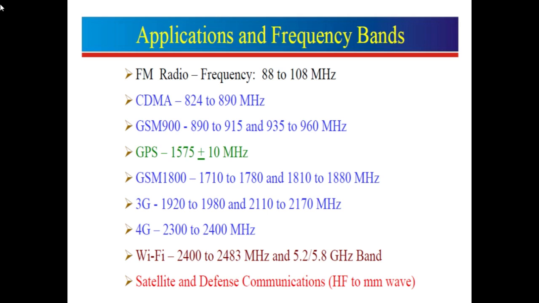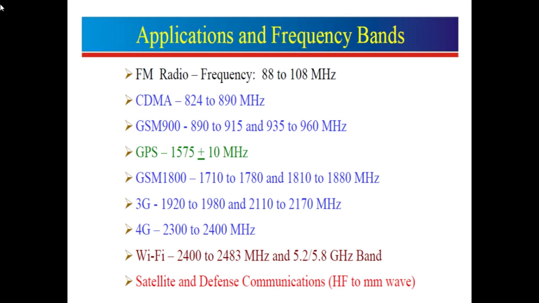Okay, so when we come to the application and frequency band, these are all the commonly used frequency spectrum. FM varies from 88 to 108 megahertz, CDMA is 824 to 890 megahertz, GSM 900 varies from 890 to 915 and 935 to 960, GPS is 1575 plus or minus 10 megahertz.